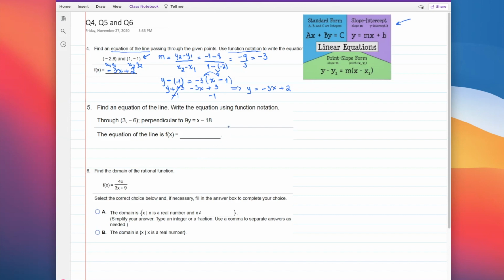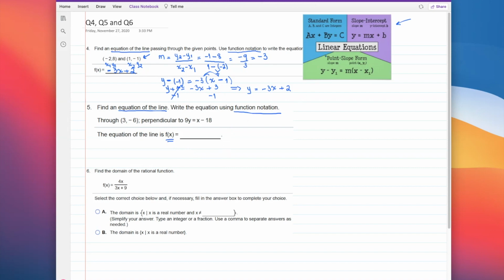Next one. Here I have a point and I have information that will allow me to figure out the slope for my line. And then I can write the equation of the line again using function notation. It already gave you the name of the function here.